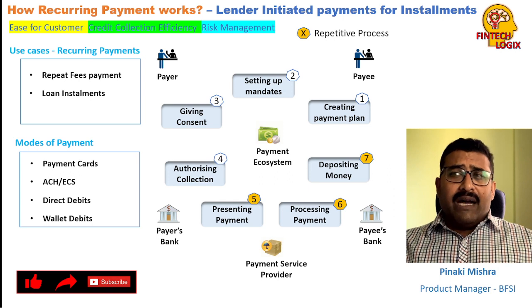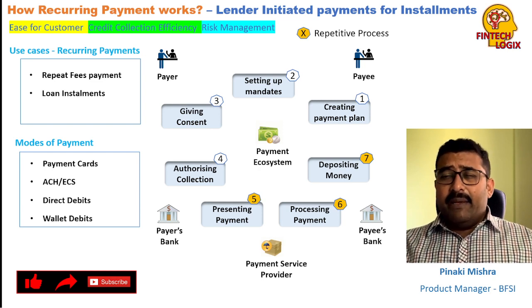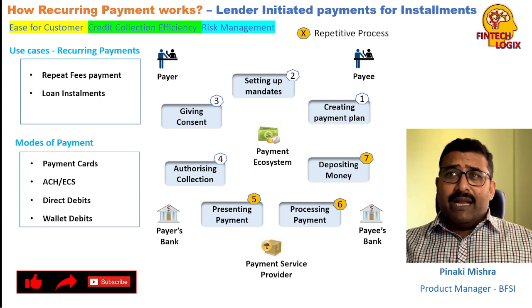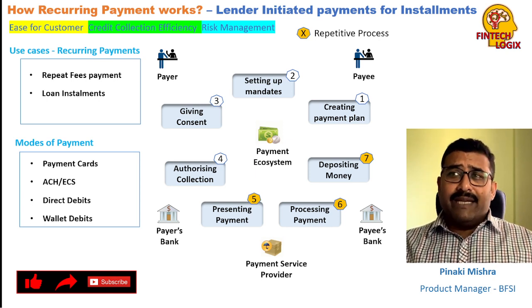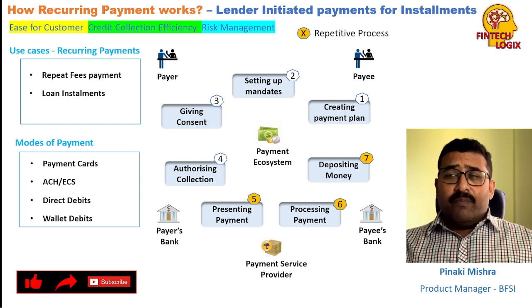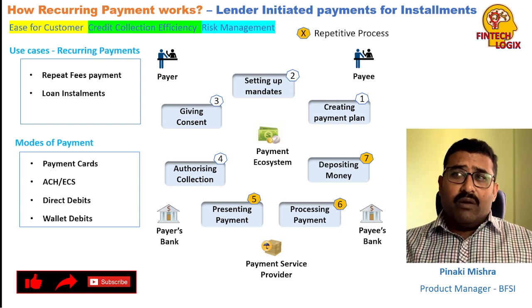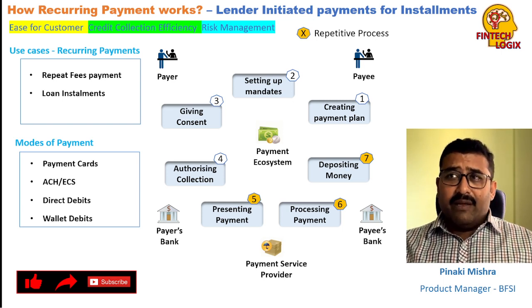Now, what are the different payment modes through which it can be paid? Either it can be from a payment card, very prevalent in the US, where through a debit card also you can set up recurring payments. It can be done through ACH and ECS mode of auto debits every month or every quarter.